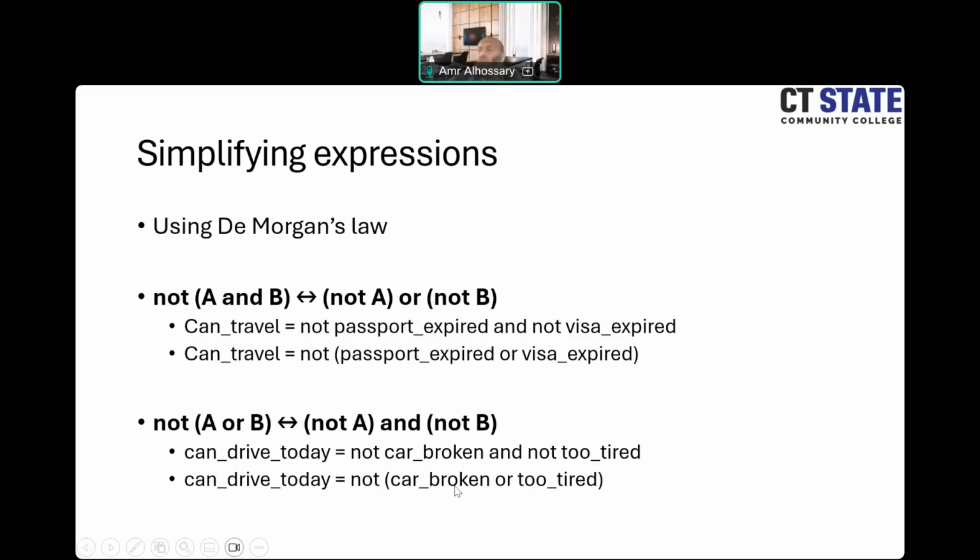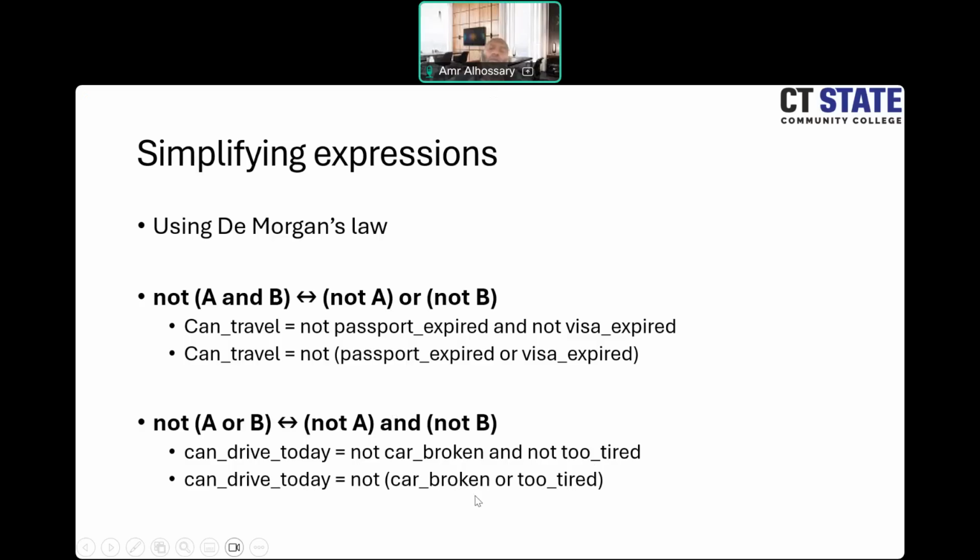So if the car is broken or I am too tired, if any of them is true, the description will be true. Negated will be false, so I cannot drive today. And the opposite: I can drive today only if neither of them is true. So the car is not broken and I'm not too tired.